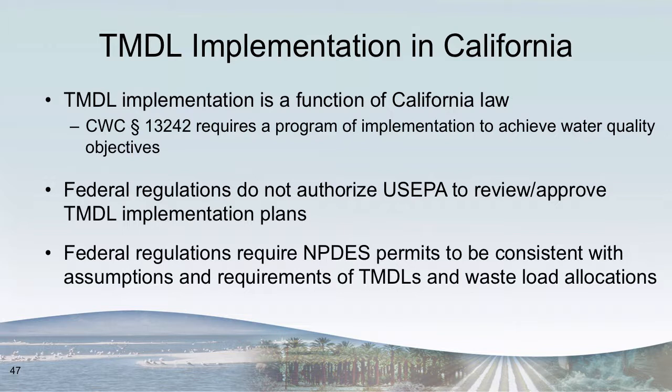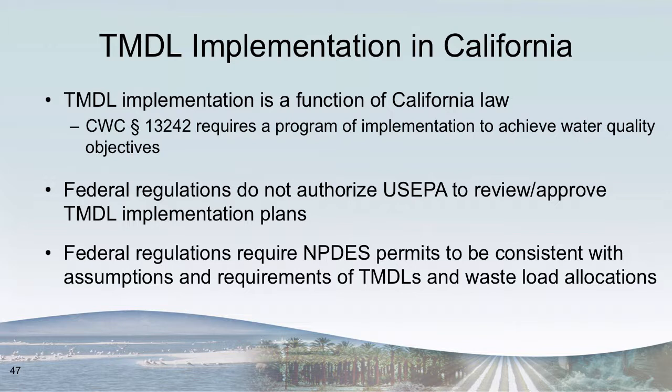We have quite a few TMDLs that were developed because of consent decree deadlines that were promulgated by the US EPA, and those don't have implementation plans, but the ones that California has developed and put through our process do.